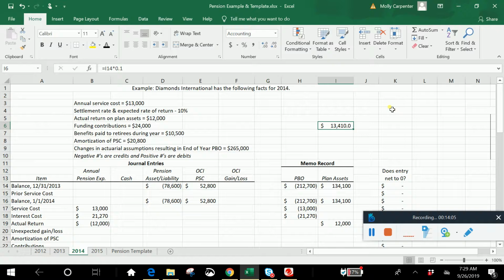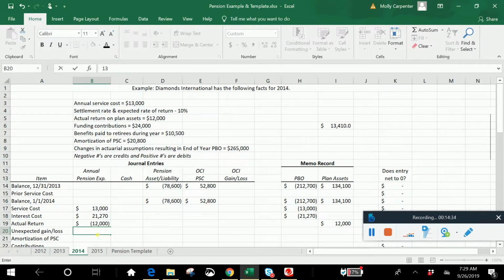So 10% of the beginning balance of the plan assets is $13,410. What that means is that between the actual return and the unexpected gain or loss, the sum of these two rows needs to be $13,410. So if we already have $12,000 as a reduction from the actual return, that means that the unexpected gain or loss needs to be $1,300.